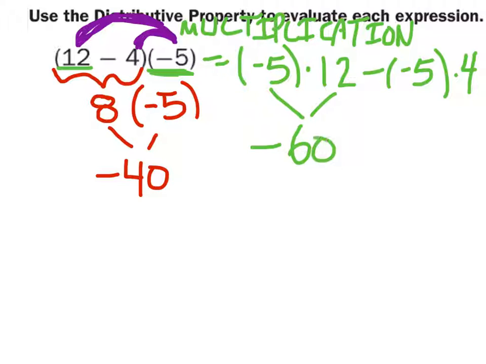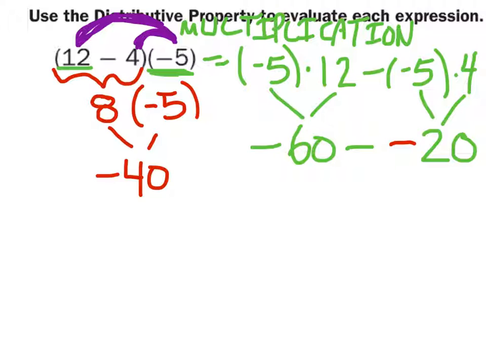Negative 60. Minus, what's negative 5 times 4? Negative 20, okay? Now this is the part that most people struggle with, because some of you are just going to put this as minus 20. But it's not minus 20, it's minus negative 20. So make sure you indicate that it is a negative.